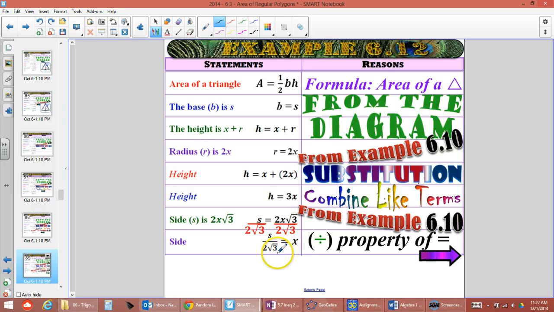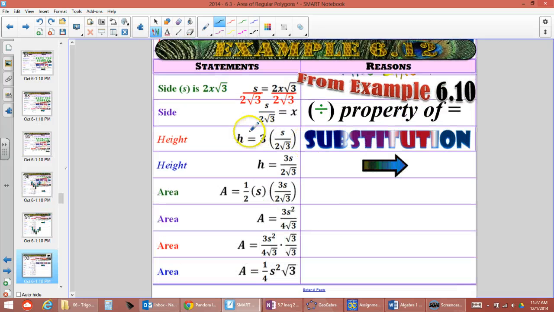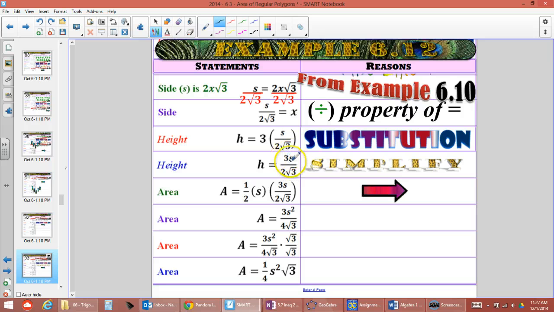I can now plug this back in, and my height formula is now 3 times s over 2 root 3, which, simplifying it, is 3s over 2 root 3. Now I can plug this information into my area formula, 1/2 the base times the height.